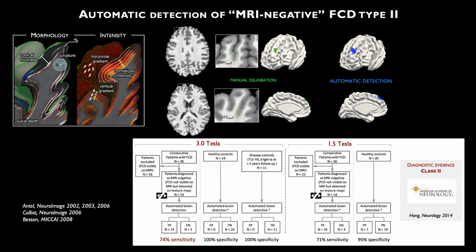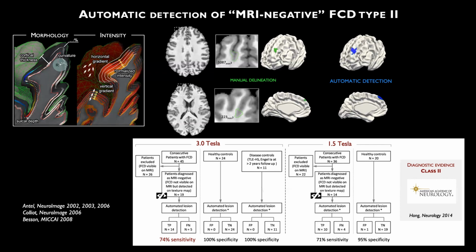In this analysis, we demonstrated class 2 diagnostic evidence for one of our algorithms, which detected MRI negative FCD lesions with 74% sensitivity. To rule out a spectrum bias, we evaluated specificity against healthy controls and clinically well-characterized disease controls, namely TLE patients with HS or hippocampal sclerosis.